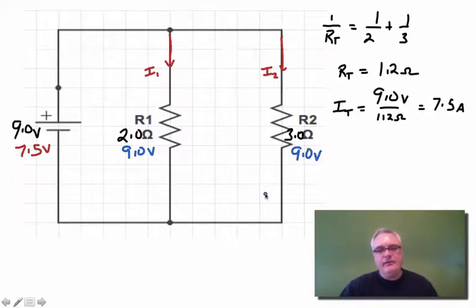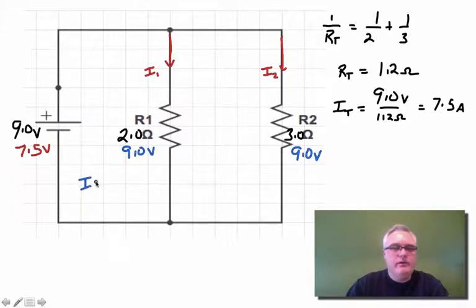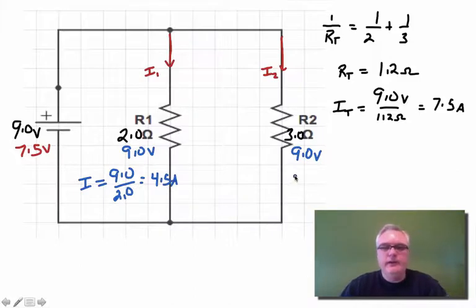So in a series circuit, the current is always the same everywhere in the circuit. It's the same current. But because the current splits up in a parallel path, it's the voltage that's the same in each path. So now that I know the voltage in each of these resistors, I can find the current. So the current over here is going to be 9 divided by 2. So I get 4.5 amps of current in this resistor.